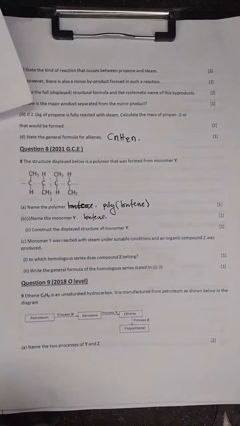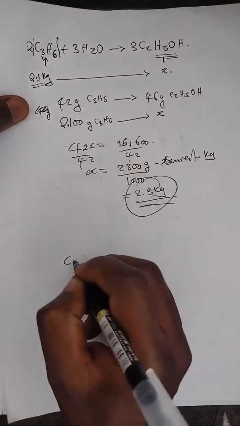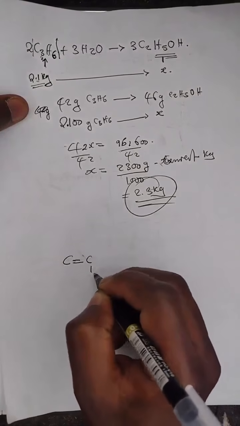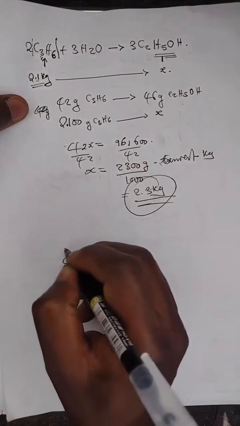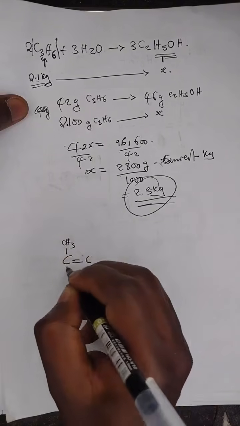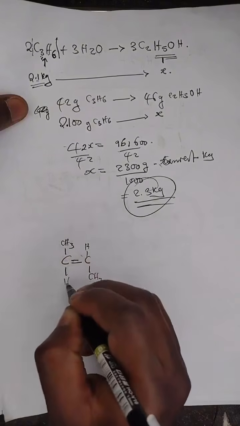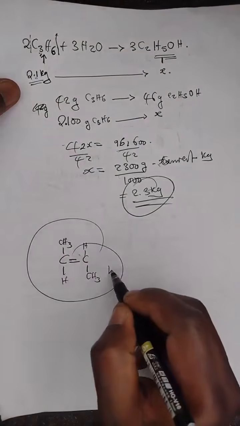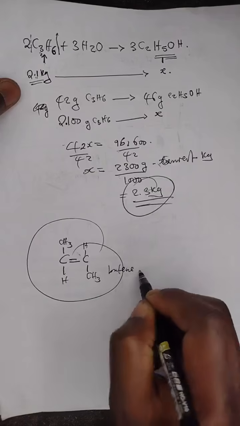Construct the displayed structure of monomer Y. The displayed structure of monomer Y is this one. That is the displayed structure of monomer Y, which is butene. Okay?